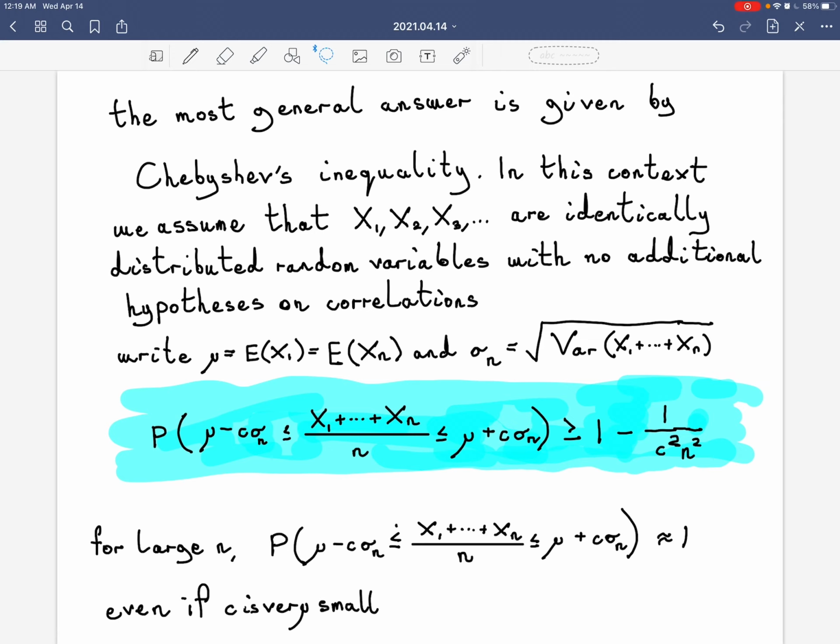So the thing in the middle of the probability, (x1 plus ... plus xn) over n, is supposed to represent what you actually measure from this random process you believe you've modeled with these variables. And you're looking at the average of what you measure in the first n samples.